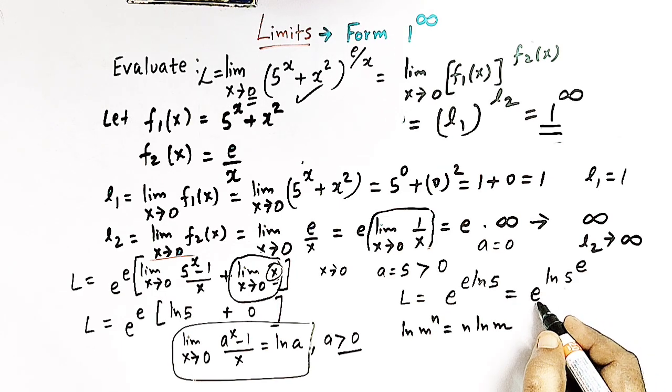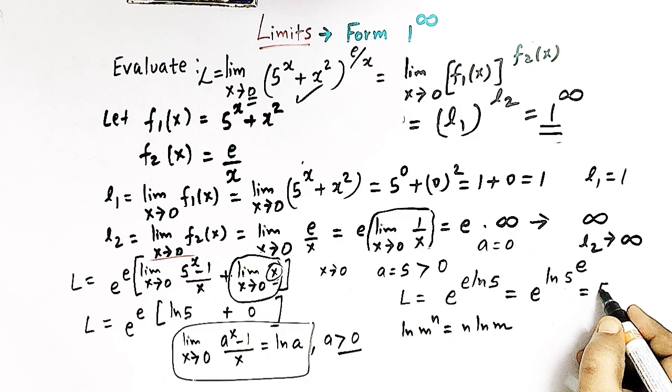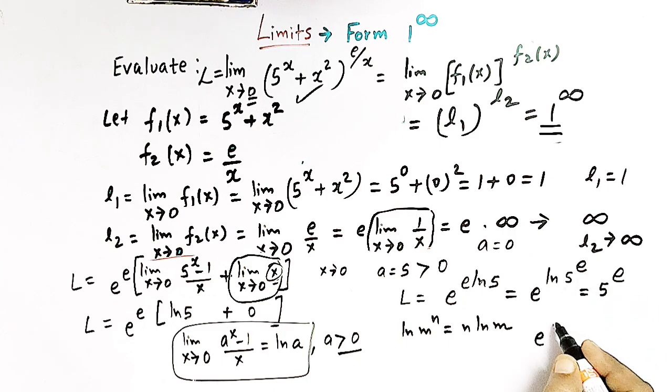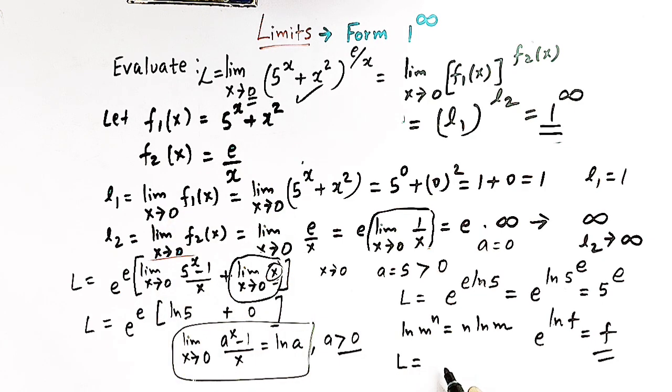Now the value of e raised to natural log of 5 raised to e is simply 5 raised to e, because we know that e raised to natural log of f is equal to f. So the value of this limit is equal to 5 raised to e.